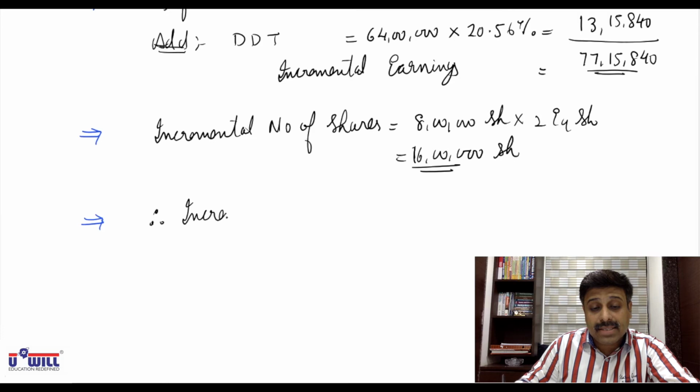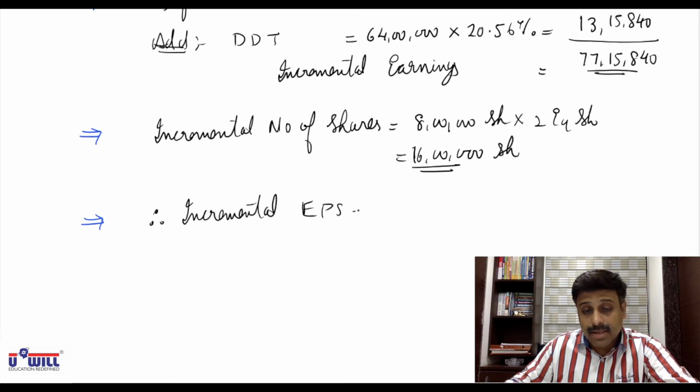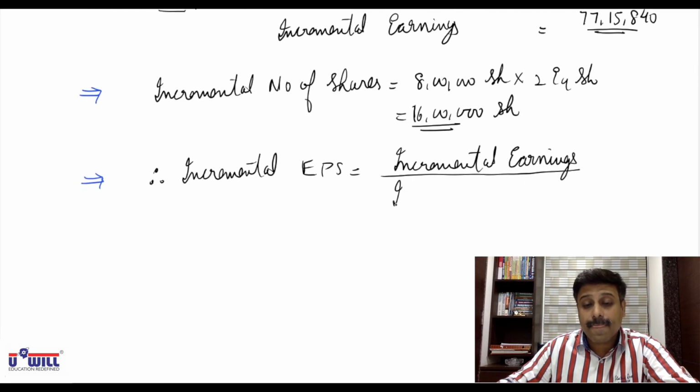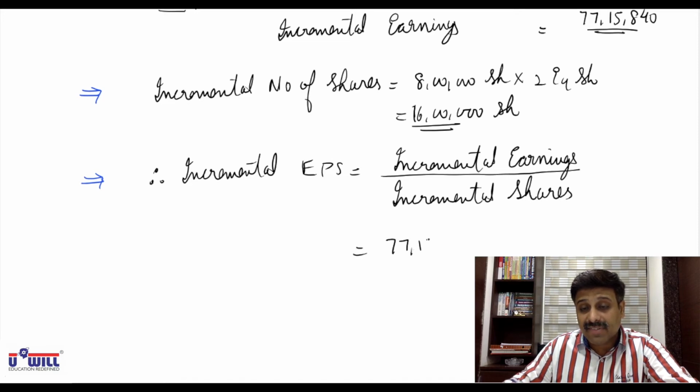Incremental EPS is equal to incremental earnings divided by incremental number of shares. So incremental earnings 77 lakh 15,840 divided by incremental number of shares 16 lakhs.